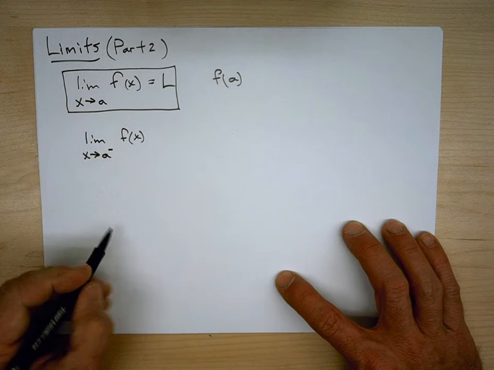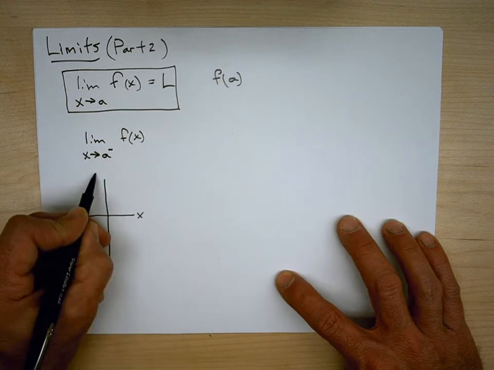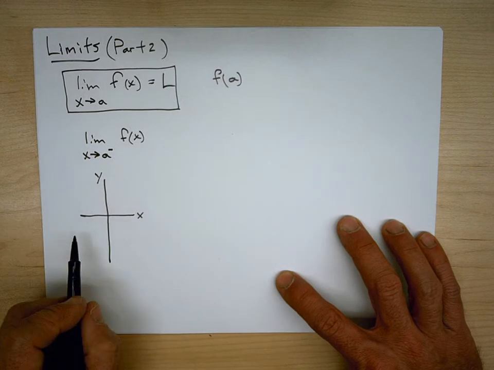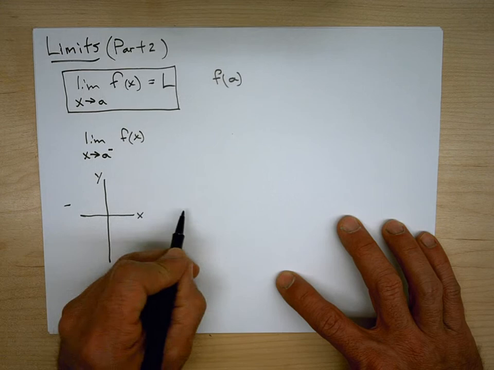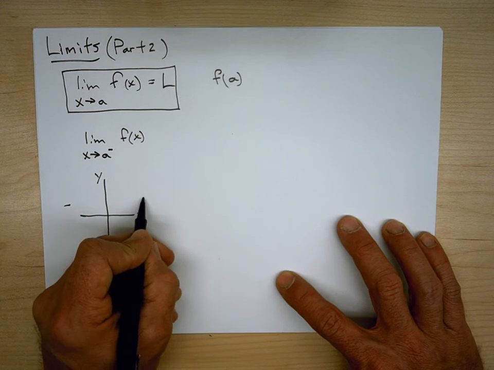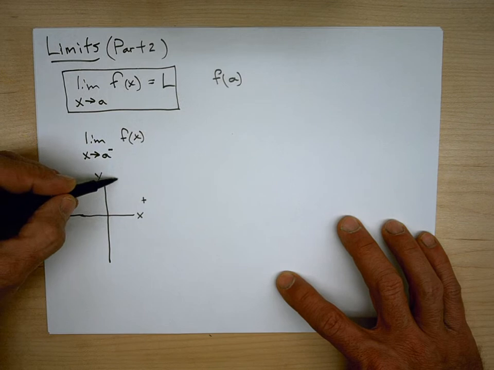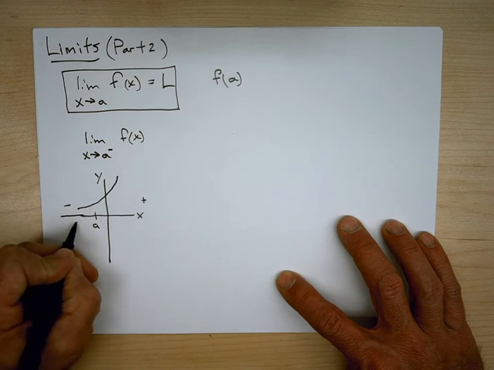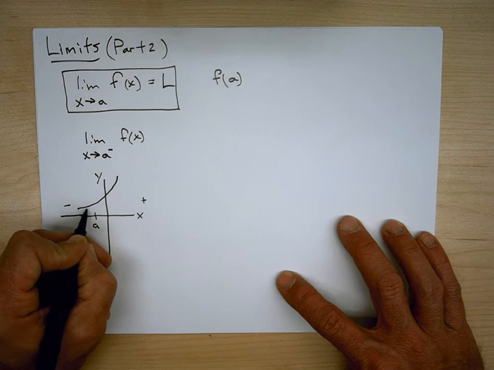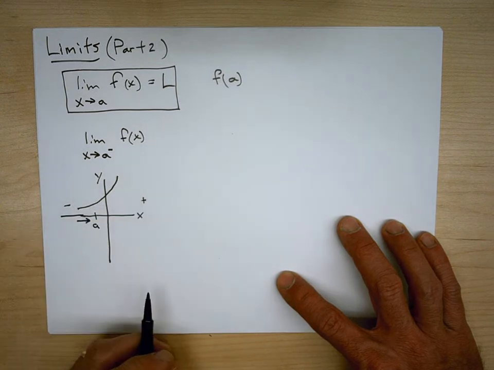And you can think of this as, if you think of the x and y axes, as you go farther left, you're negative, and if you go farther right on the x-axis, you're positive. So if we're looking at, I'll just draw a quick function here, if this is a, and we're approaching this point from the left, that's how we denote it.